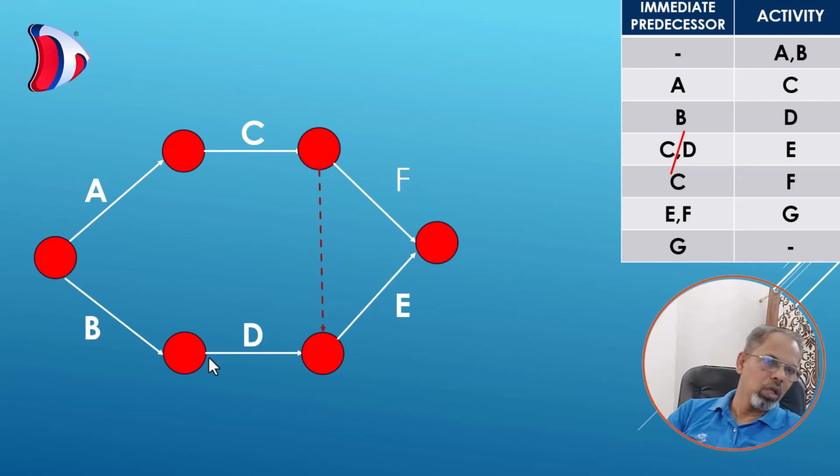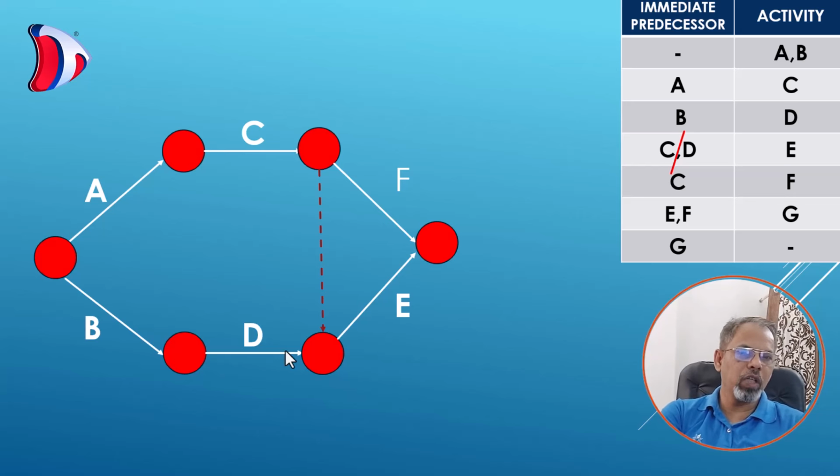So here you can see that activity E is originating from activity D. But since activity E was coming out from a combination of activity C and D, we introduce a dummy activity between activity C and activity D to make it possible to give rise to activity E.